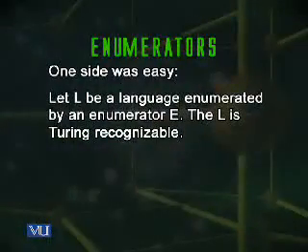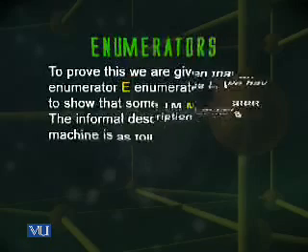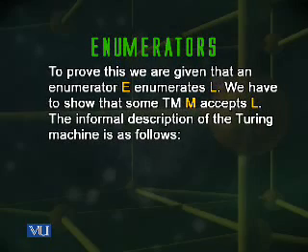Let's look at the formal proof. Let L be a language enumerated by E, then L is a Turing recognizable language. To prove this, we are given an enumerator E that enumerates L. We have to show that some Turing machine M accepts L. The informal description of this Turing machine is as follows. The machine gets some input x.